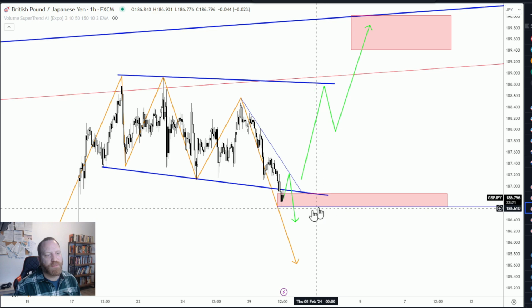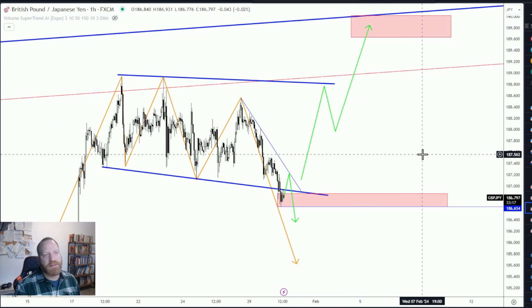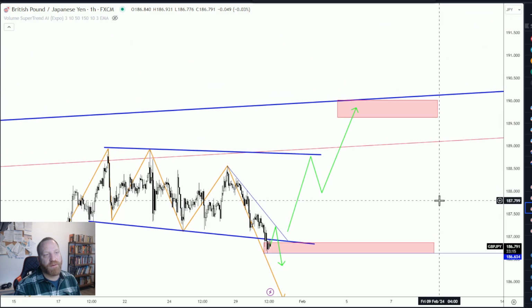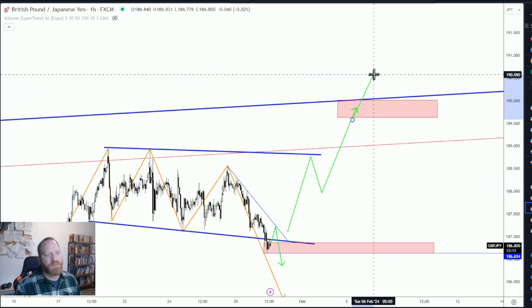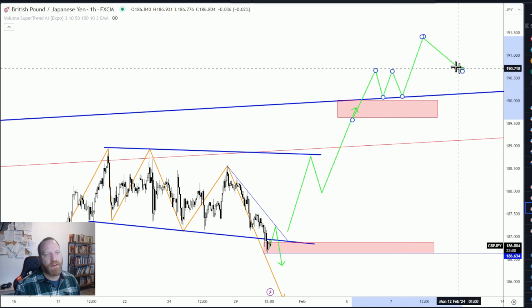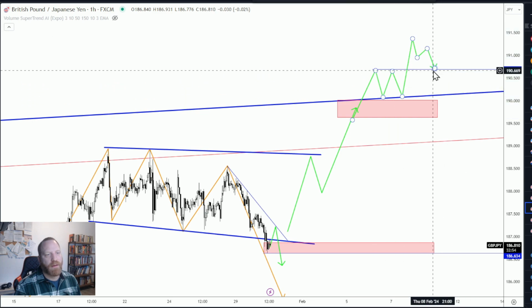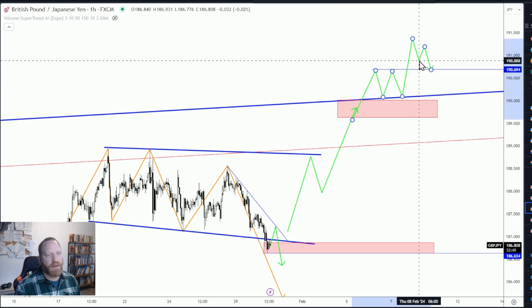So right now, these are my two selling points, and I'll keep an eye on the pair and see if there's anything. And if ever price goes beyond here and starts accumulating here, then I will look for a long in that zone. I would look for some type of longing opportunity.